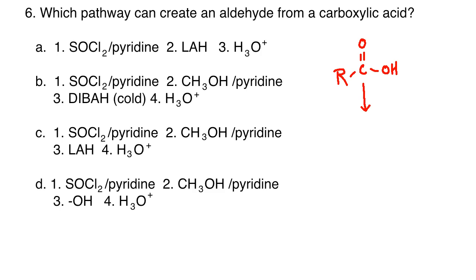So A, if I apply SOCl2 and pyridine, this becomes an acid chloride. Okay, and then if I use LAH and H3O+, this is going to be reduced down to a primary alcohol. Okay, so that is a fail because we're looking for an aldehyde from a carboxylic acid.